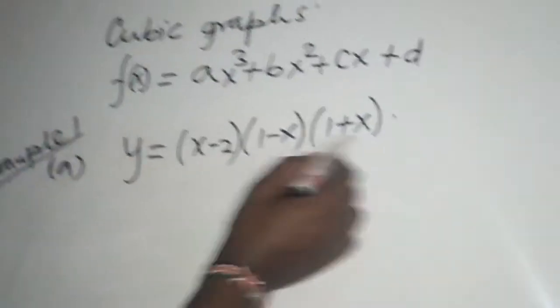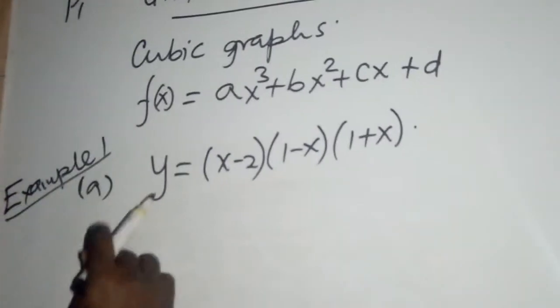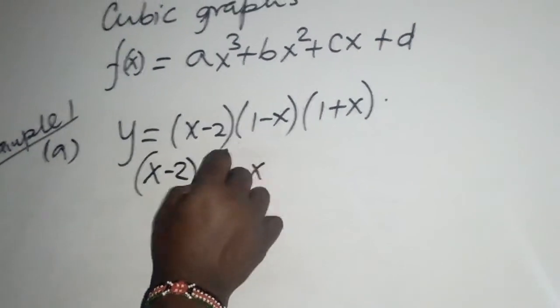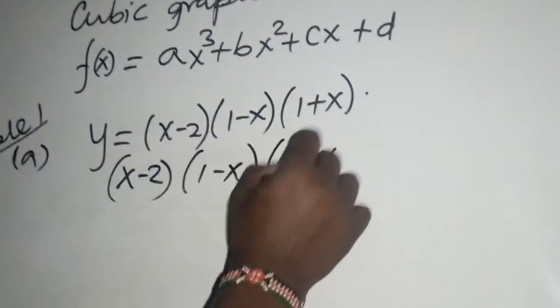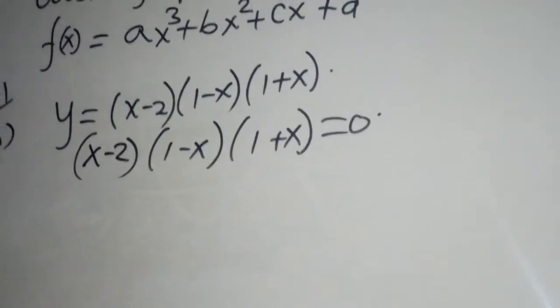So if you want to find the critical values of this cubic function, we must assume that (x minus 2)(1 minus x)(1 plus x) equals 0, so that we can solve for the critical values.